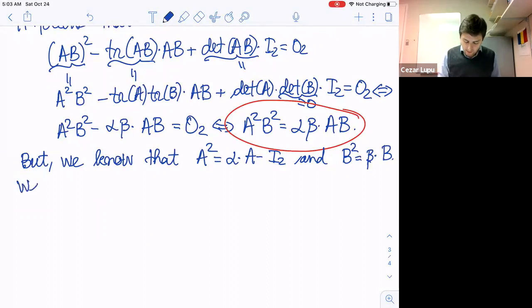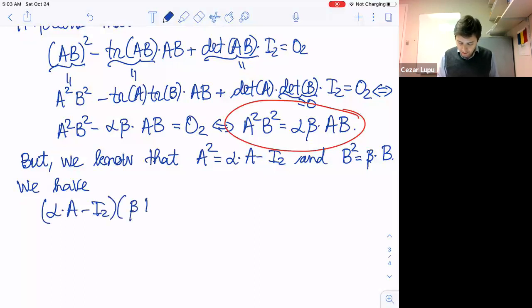So we have that. Let's see, what do we have? Alpha times A minus the identity times beta B is nothing other than just alpha beta times AB.